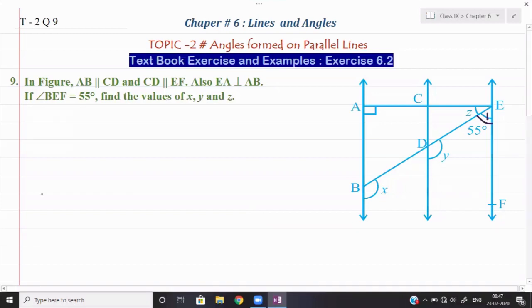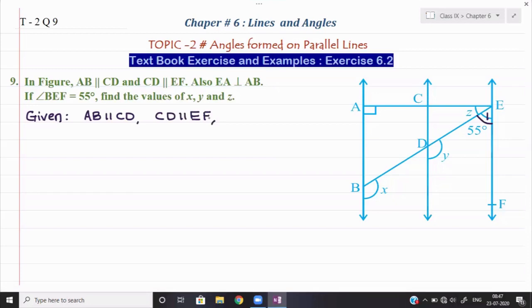First of all, we shall mention the given things in the question. So let us write down the given first. In the given, see, we have been given that AB is parallel to CD. Second, CD is parallel to EF. Okay, these two lines are given parallel. Third, EA is perpendicular to AB.